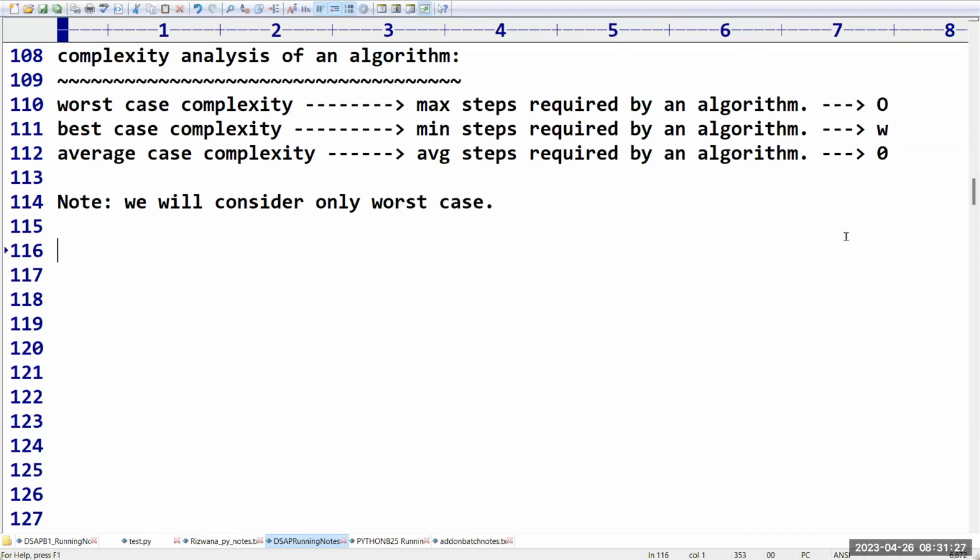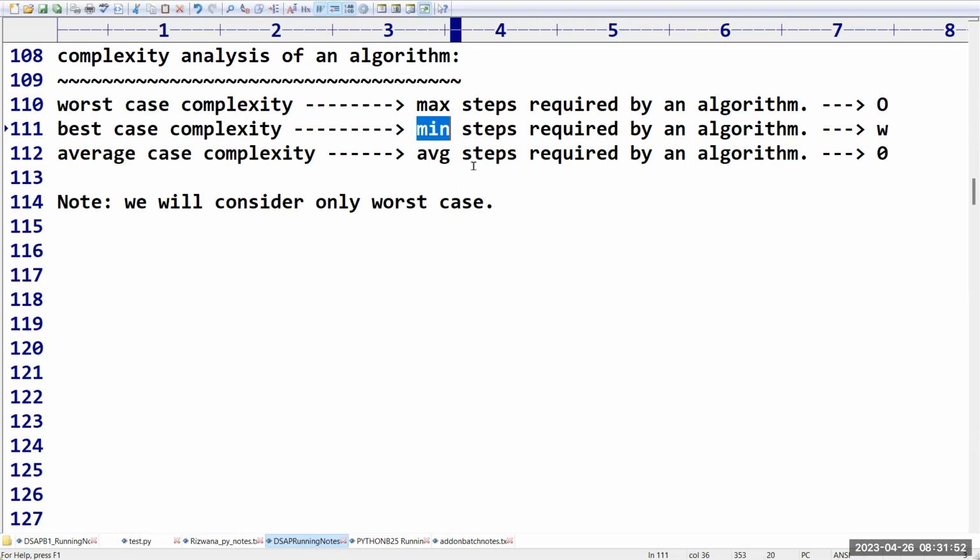If you take the best case, it means the minimum number of steps required. For example, if the salary is credited on the first of the month, that is the minimum case. Average means maybe the fifth, something like that.